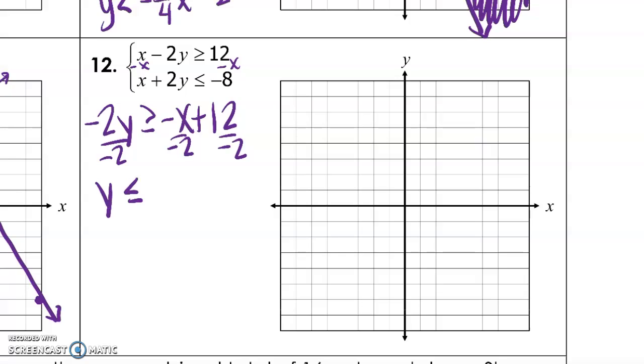Y is less than or equal to +1/2 x minus 6. So down 6 and then up 1, right 2, down 1, left 2. We have a solid line for that one. And it's a less than, so down below.